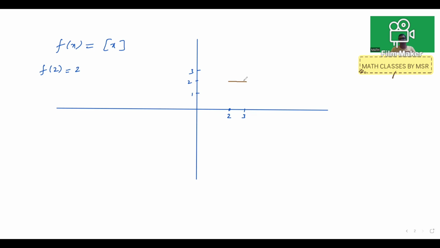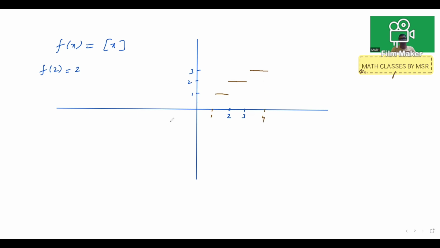In between 2 and 3, the function value is 2. But if it is between 1 and 2, the function value will be 1. Between 3 and 4, the function value is 3.